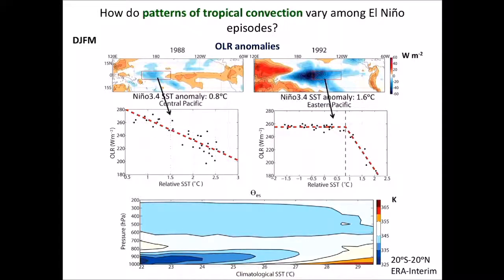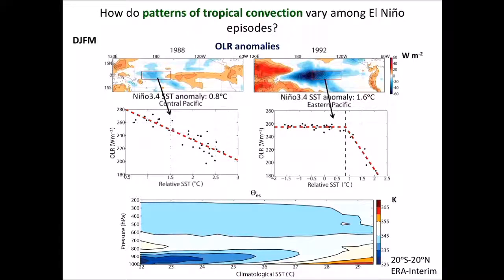Here I'm illustrating this by calculating the saturation equivalent potential temperature in the deep tropics from 20 south to 20 north, sorted by climatological SST on the x-axis and pressure on the y-axis. The first thing you notice is that theta ES does not vary very much in the free troposphere. So in the deep tropics, temperature gradients are constrained to be weak, so we don't see a whole lot of variation.